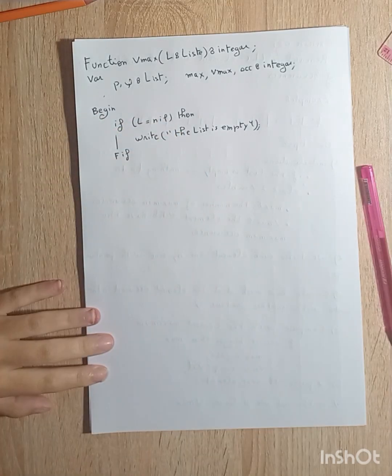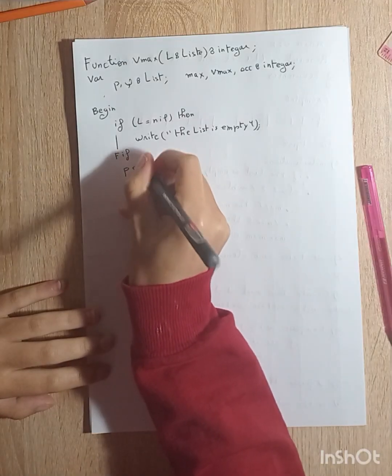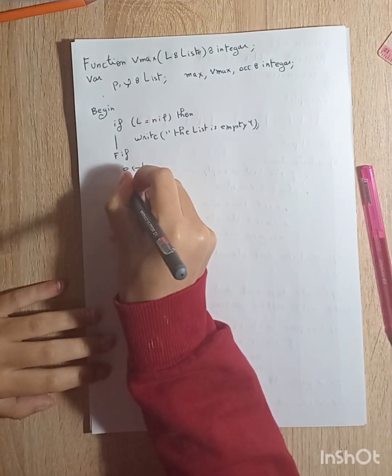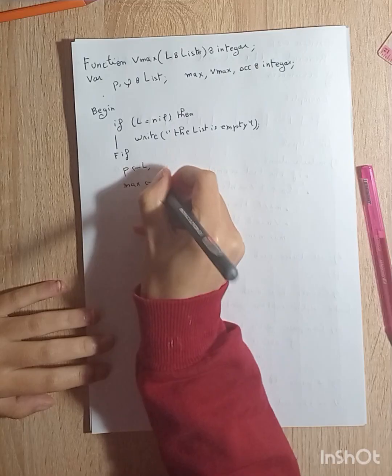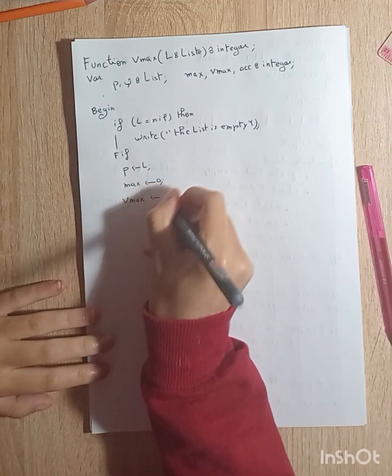Now, what do we do? We put P at L. We have max, the maximum, at 0, and Vmax we also put at 0.